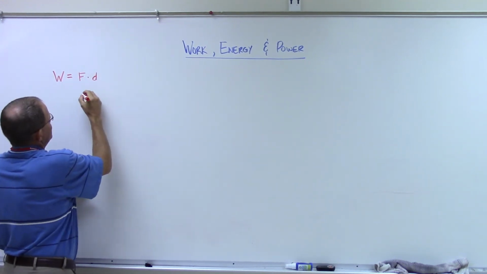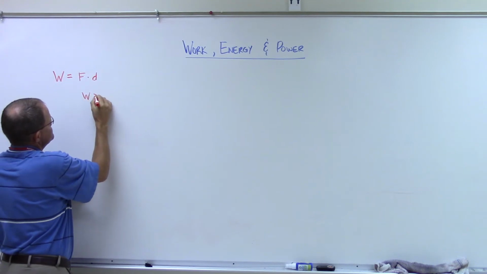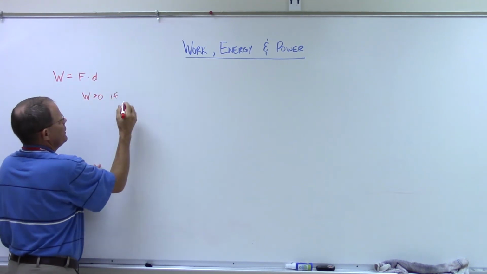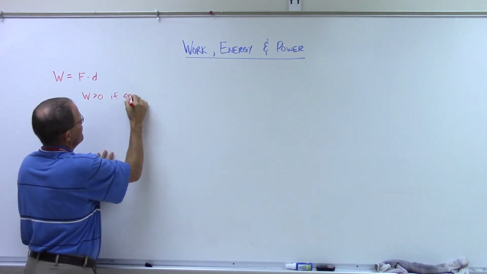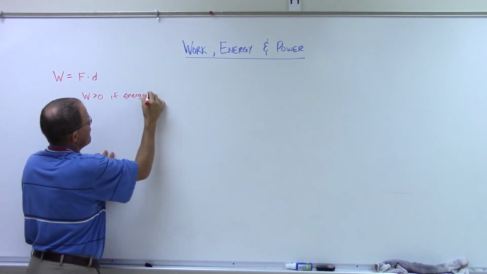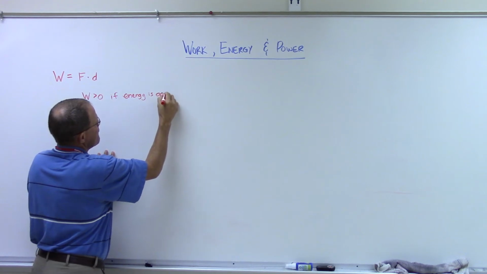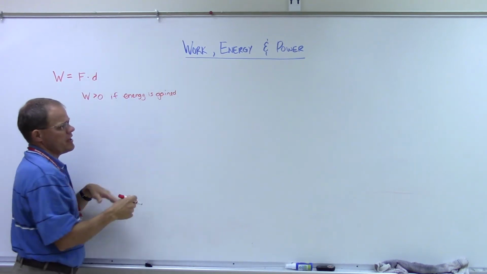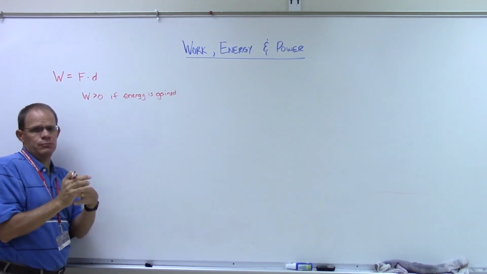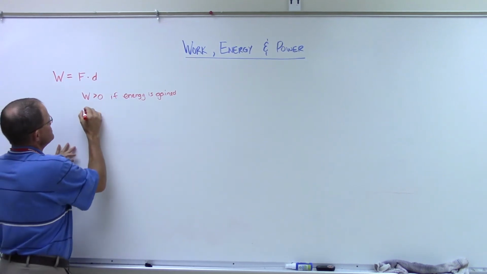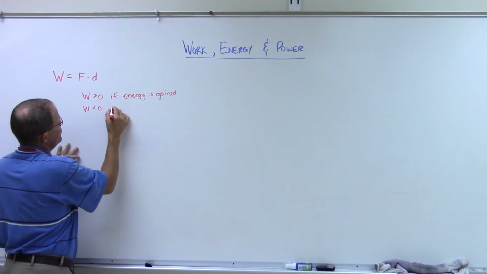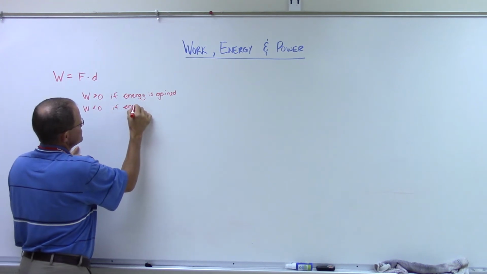The things you got to remember here is that the work is positive if energy is gained. So for example, if I push on a box and it moves faster, then it gained kinetic energy, the work is positive, and the work is negative if energy is lost.